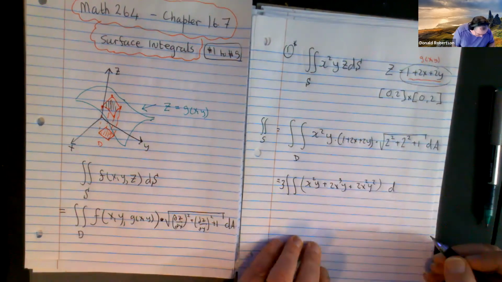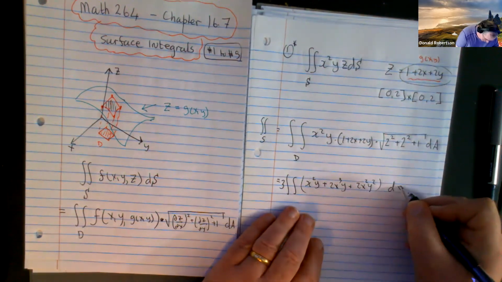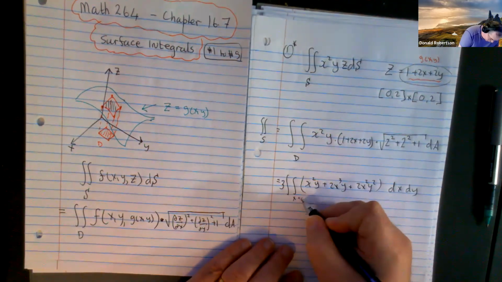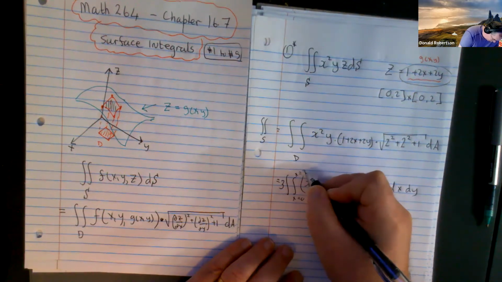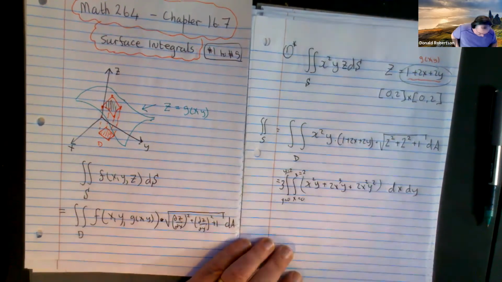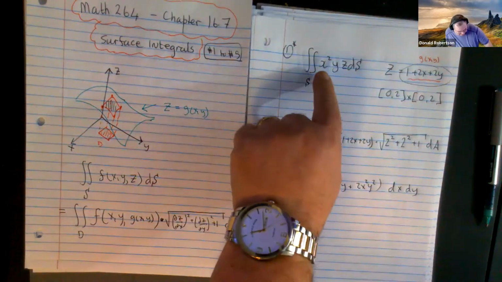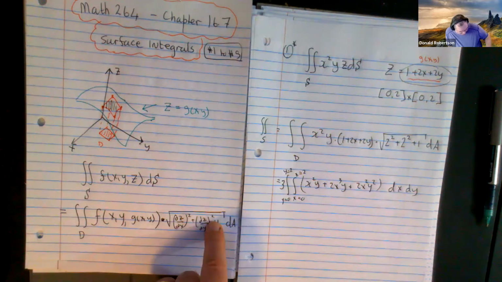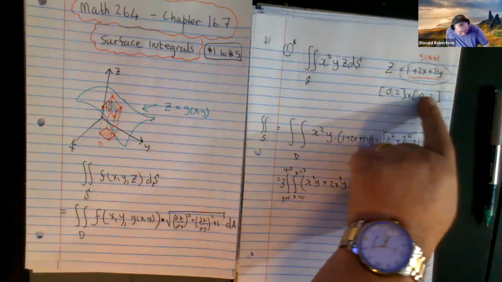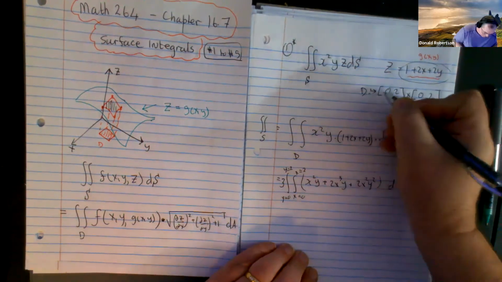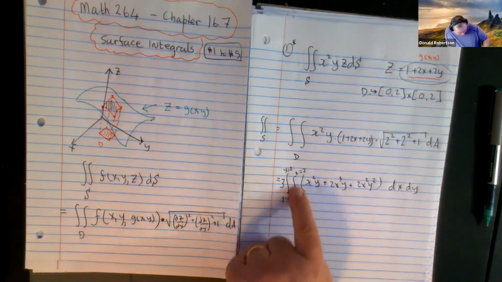And dA, I'm going to replace it by a dx dy, from x equals 0 to x equals 2, and from y equals 0 to y equals 2. So this surface integral, when you convert it using this formula to a double integral over this region D, you get this double integral.